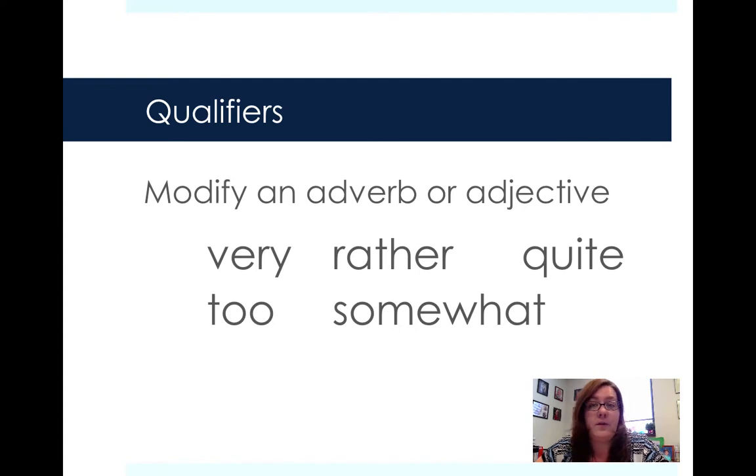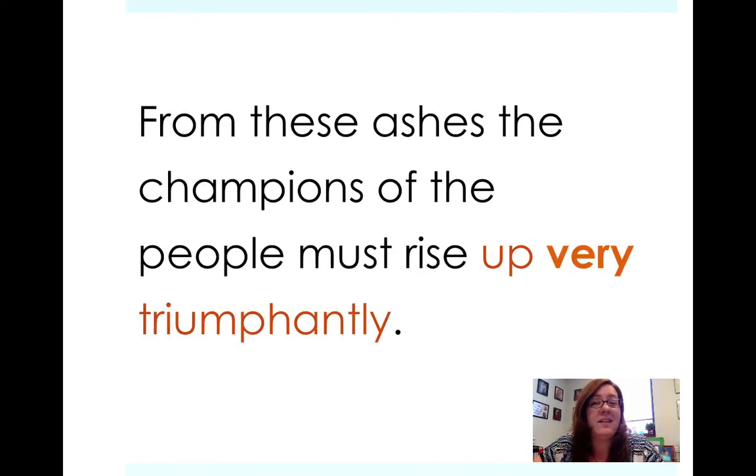And also, as we mentioned in class, our original sentence doesn't have any adjectives or adverbs in it. So I'm going to have to add not only a qualifier, but also an adjective or an adverb. In this example, I've decided that my champions must rise up very triumphantly. So very is my qualifier, and it is qualifying the adverb triumphantly.